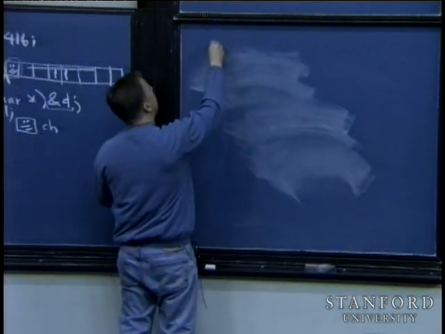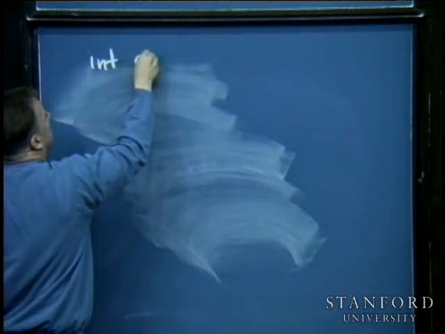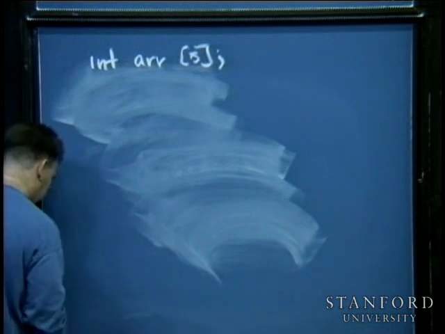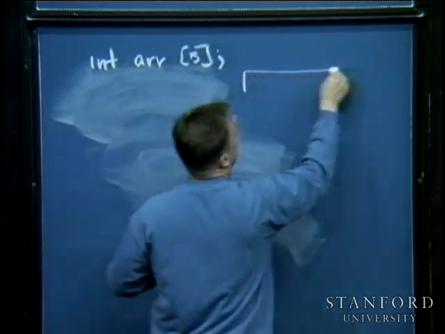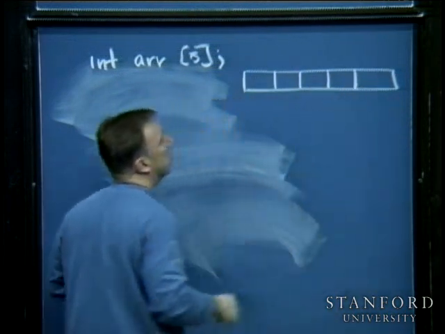If I go ahead and declare, let's say, an int array, I'll keep it small, 5, I get this right here, 1, 2, 3, 4.